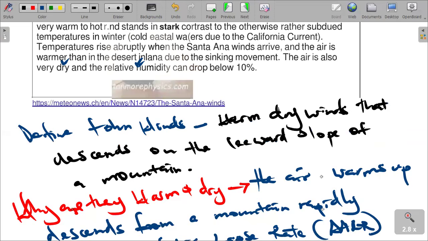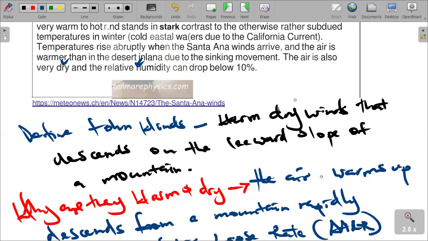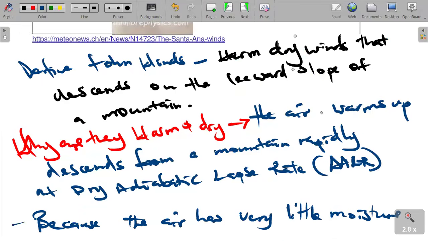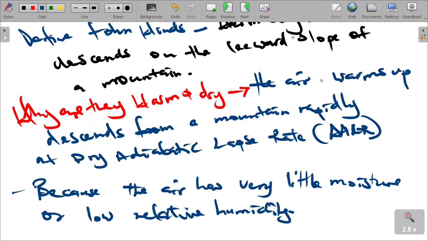We say that relative humidity has dropped below 10%, or low relative humidity. That is one thing that happens there.